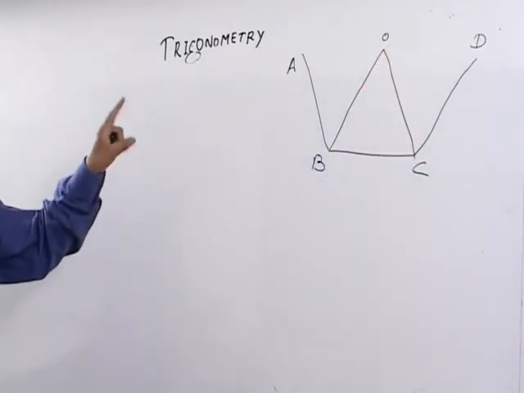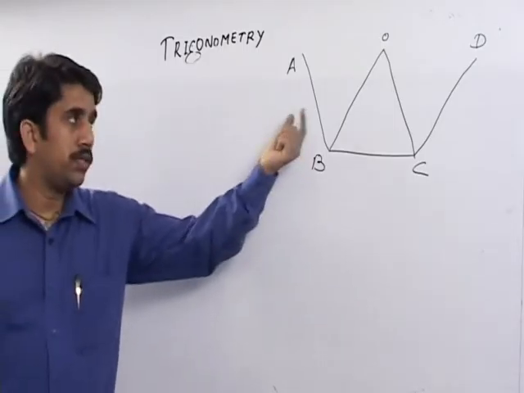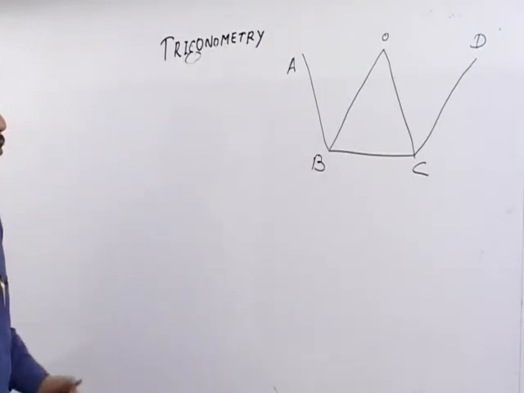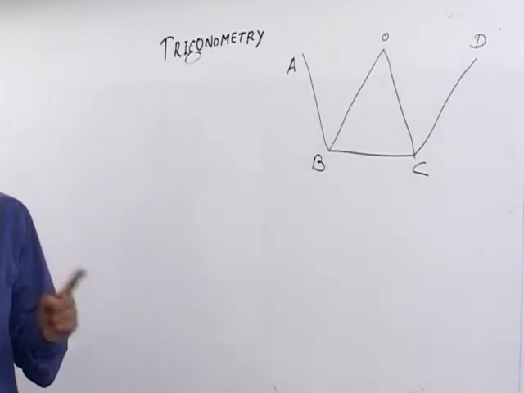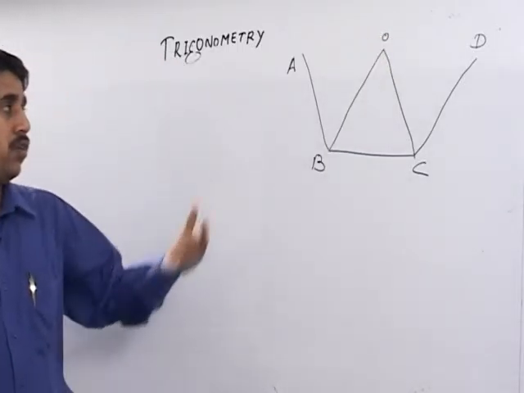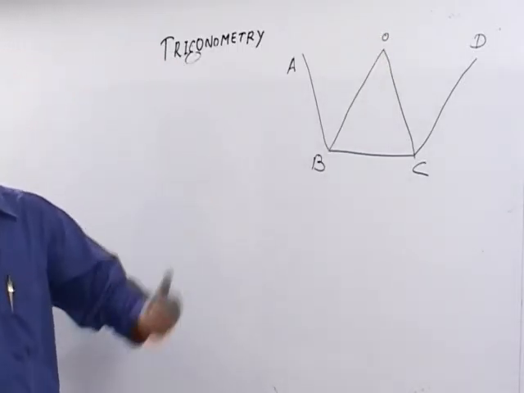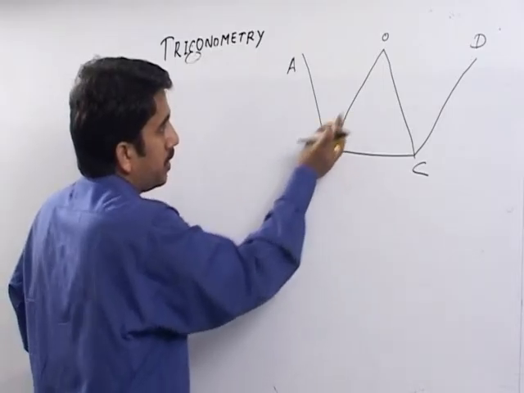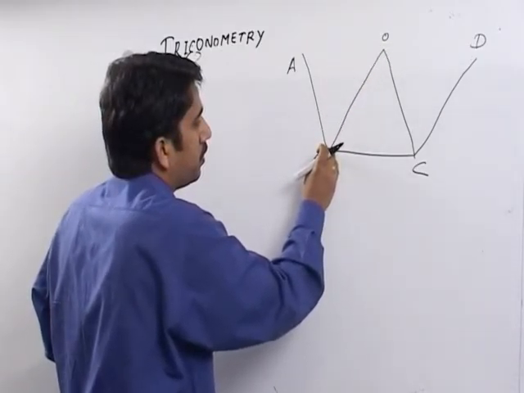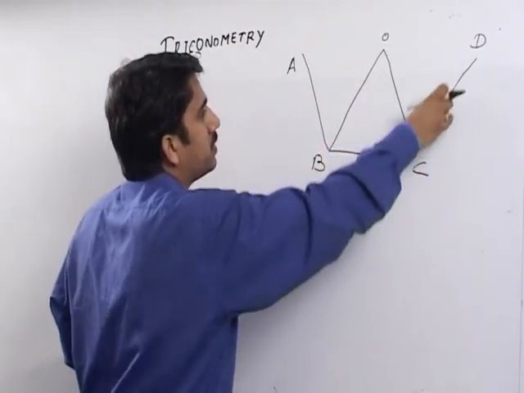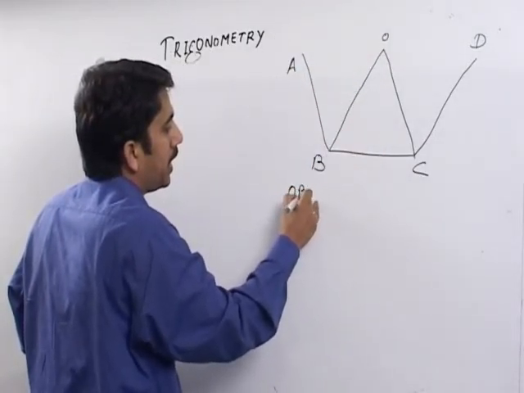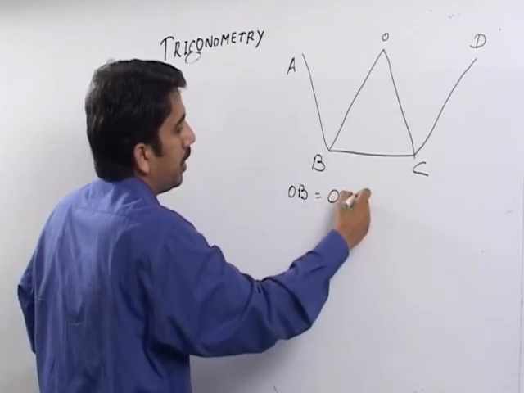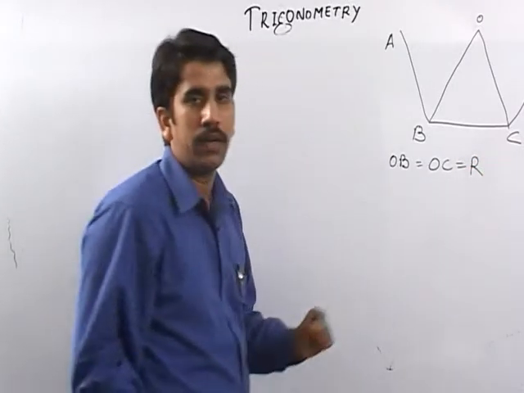Now, since all sides are equal and all its interior angles are equal, this center point O will be the circumcenter as well as the incenter of this regular polygon. Therefore, the circumcircle will pass through all these angular points, so OB and OC we can take as the circumradius, and this is equal to capital R.